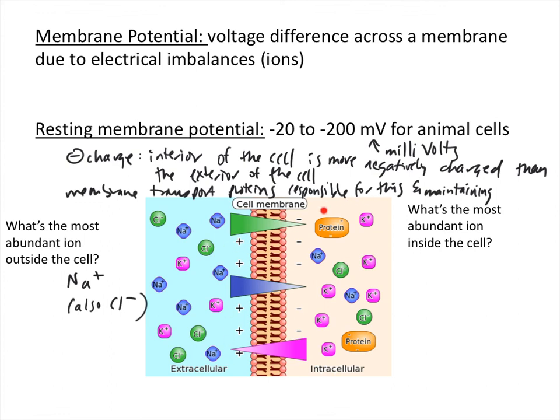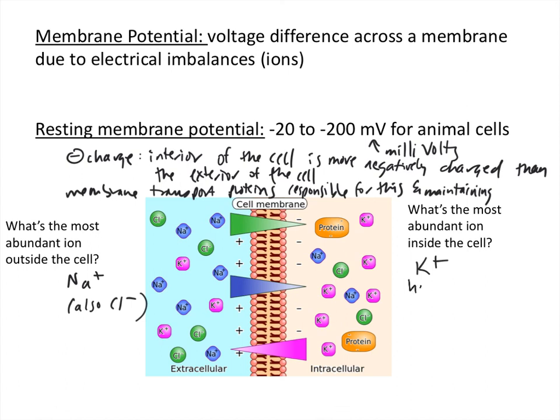And then likewise, if we check out the most abundant ion inside the cell, you'll notice that the most common is potassium. Which is a little surprising at first because we see that there's this negative charge inside, but notice that there are a lot of other negatively charged ions and other molecules like proteins that are going to contribute to an overall net negative charge here.